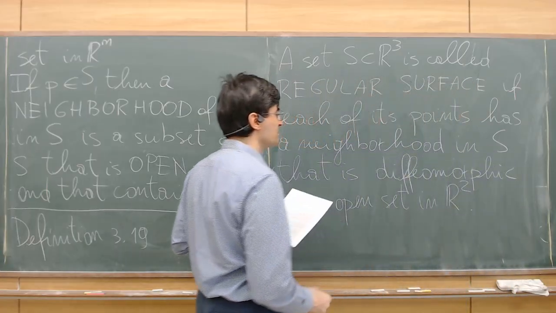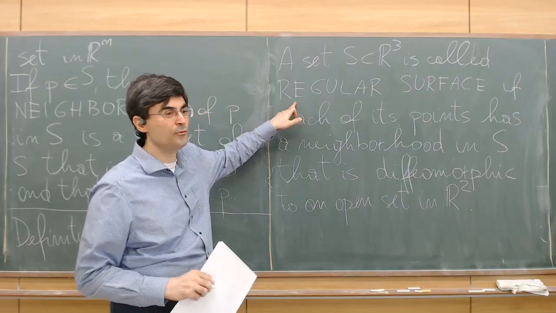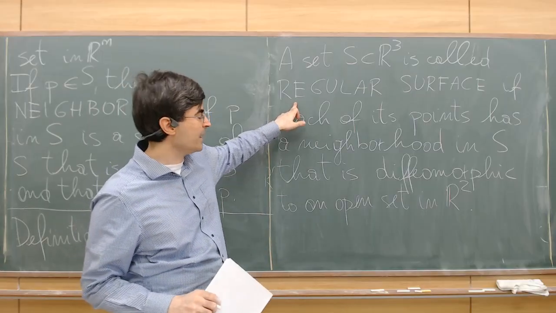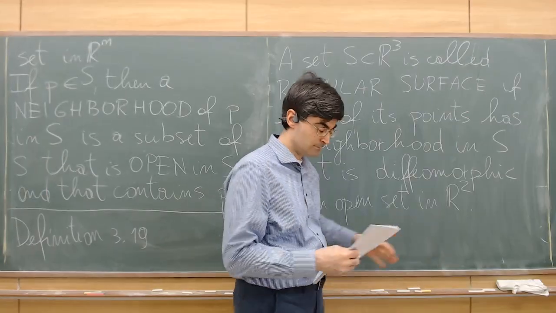So this definition says that a regular surface locally looks like an open set of R2.